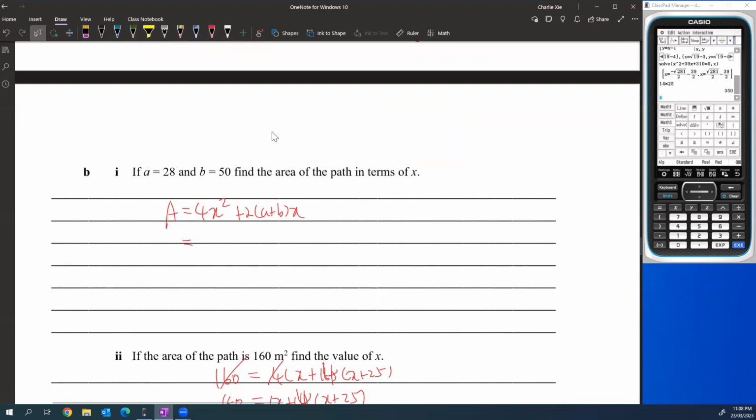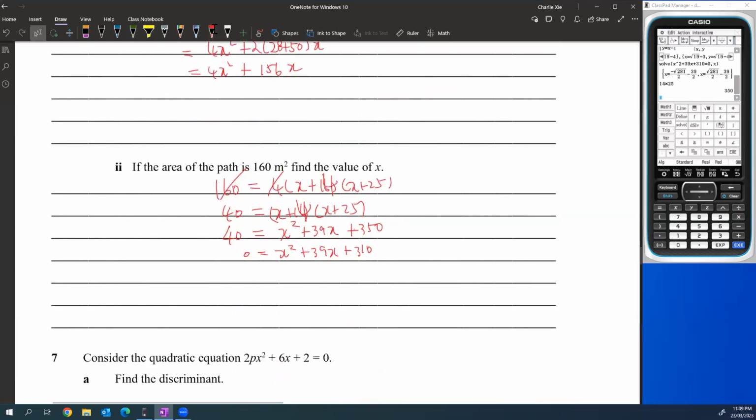So a equals 28, b equals 50. So that's 4x squared plus 2 times the sum of 28 and 50 x. So that would be 4x squared plus 78 times 2, 156x.